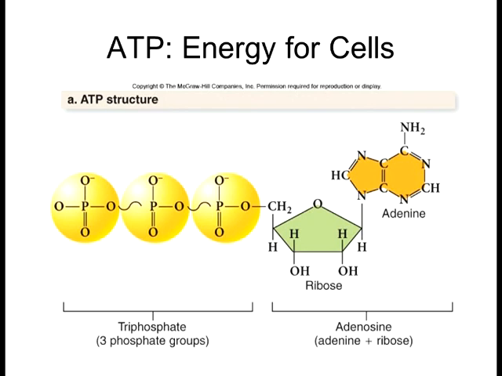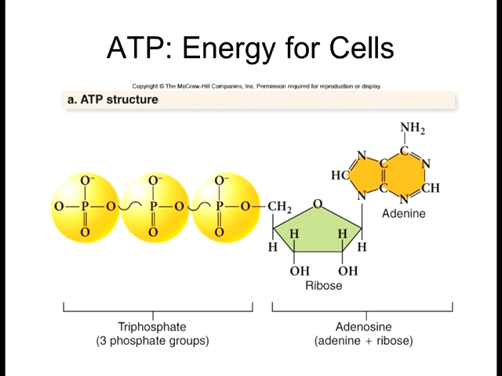And that's why your cell converts all organic molecules into ATP. Because the cell, the machinery of the cell, can tap into this energy anywhere. Okay? It doesn't need any special type of thing. This is easy energy, the easiest.